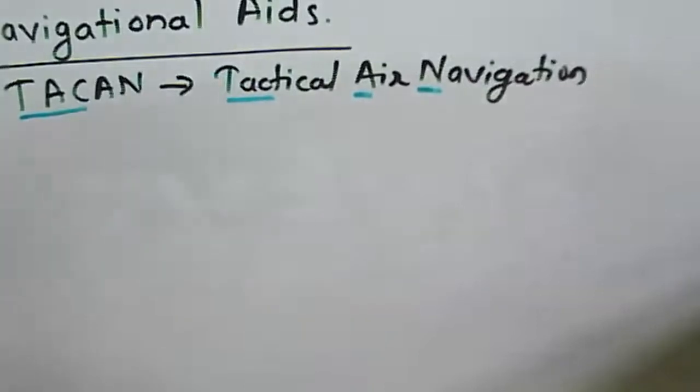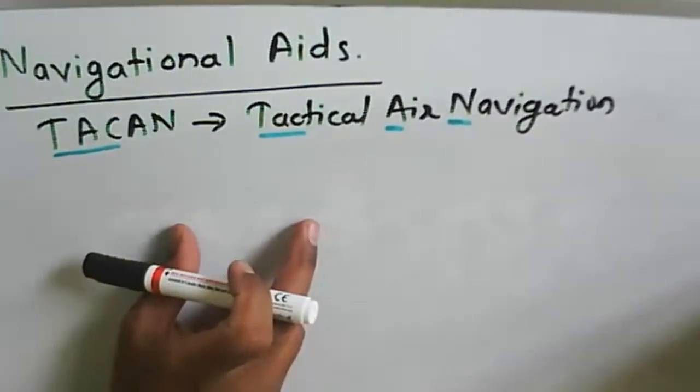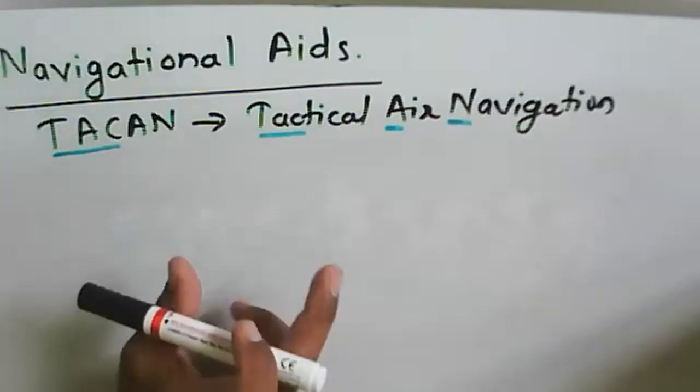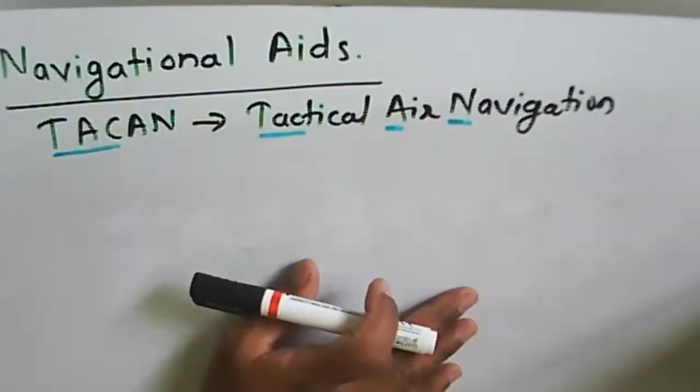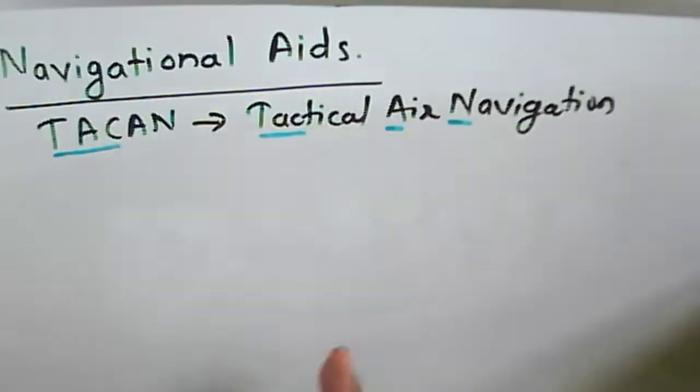Even civil aircraft can use this, but it is a very fast one. It has one driven element and a parasitic element, and it will draw a directional pattern. It provides you the distance and the bearing from the ground station.